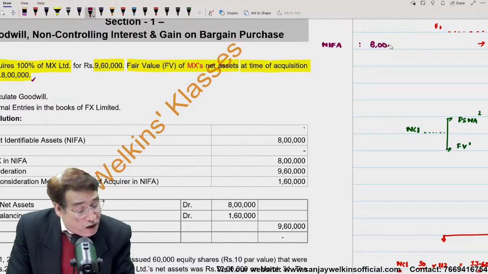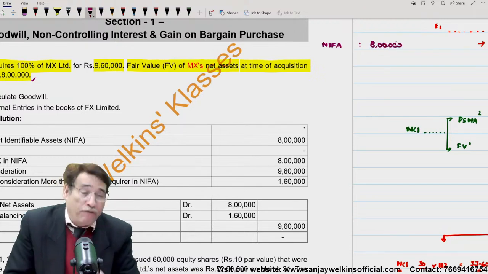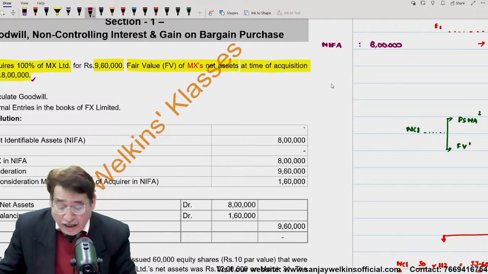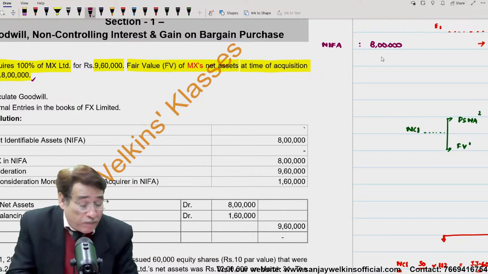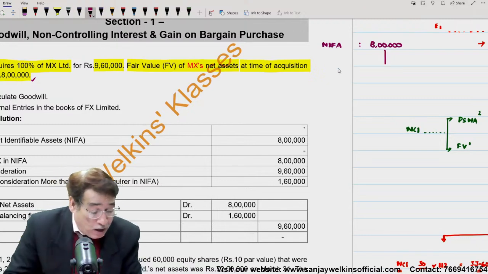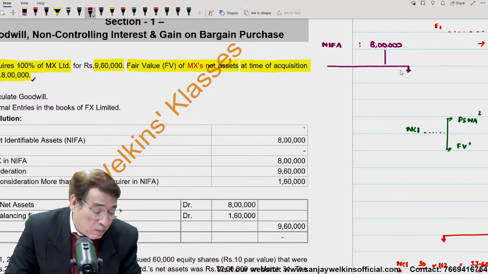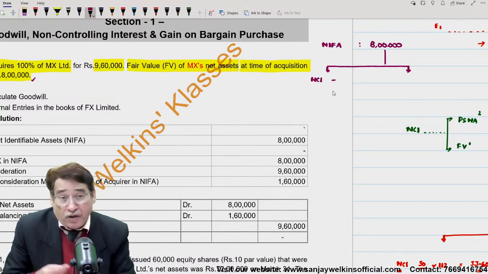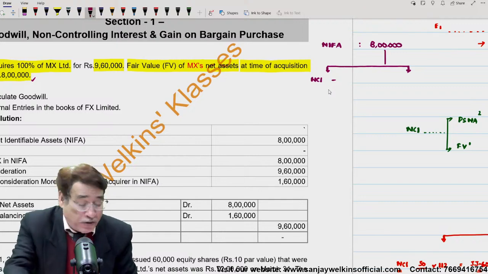Out of 8 lakh worth of NIFA, all I want to know now is what is the NCI share? Sir, in this question there is no need for NCI. You are absolutely right. NCI is 0 in this case because NCI does not hold any percentage of shares.